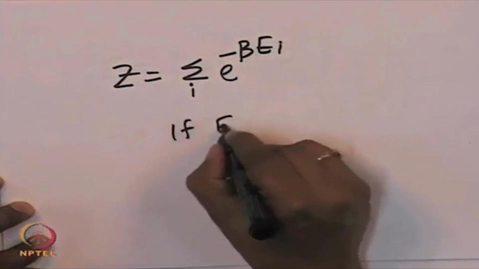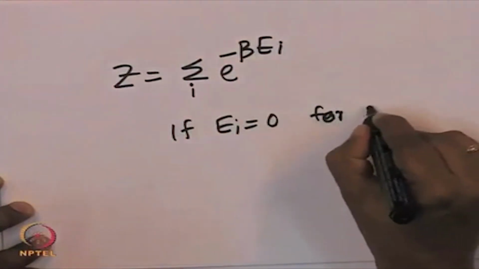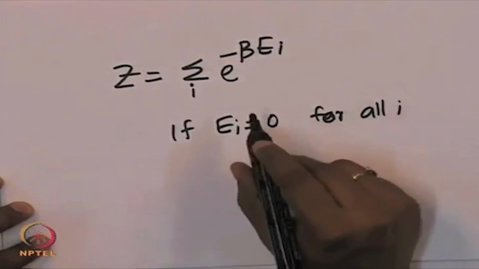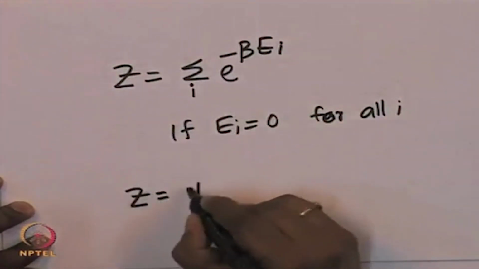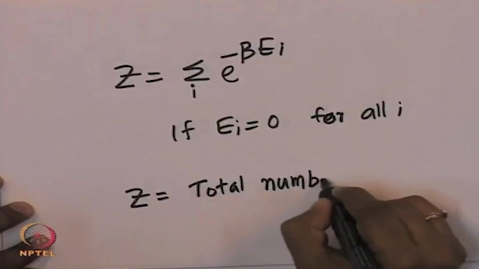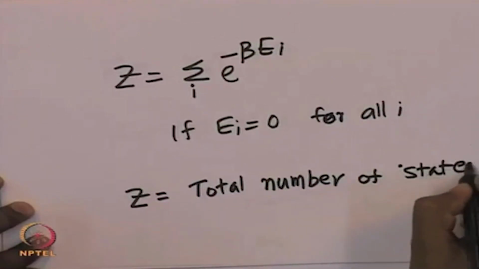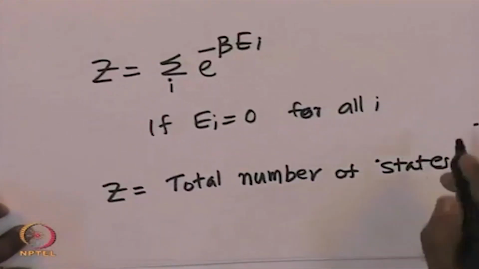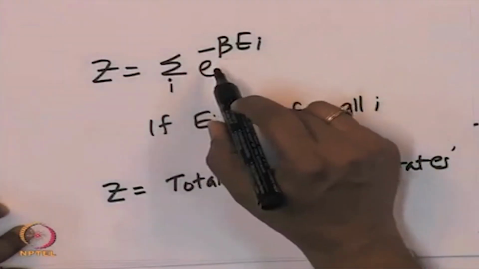If E i is 0 for all i, this will be sum over i, and Z will be just the total number of states, because i is equal to 1 to n of e power 0.